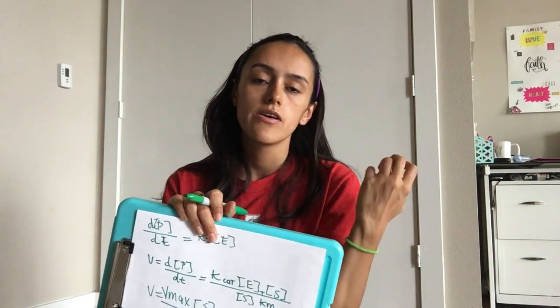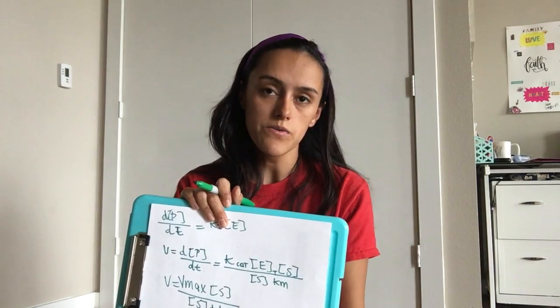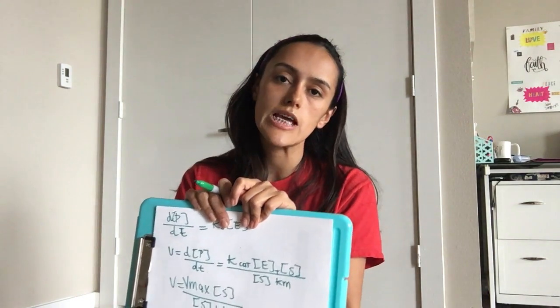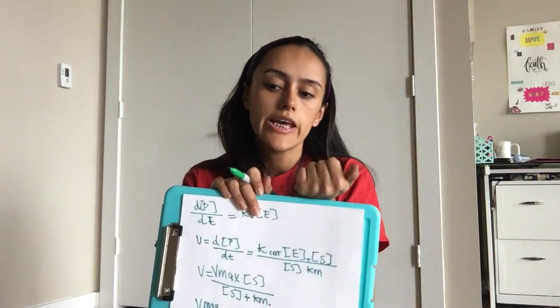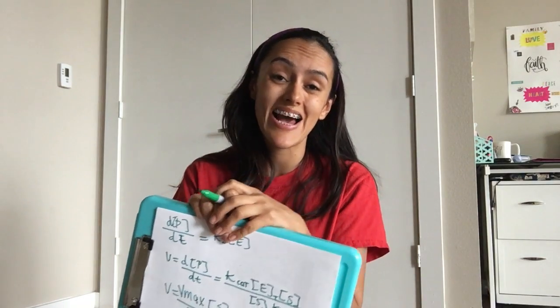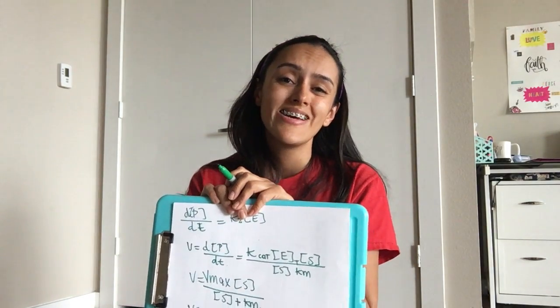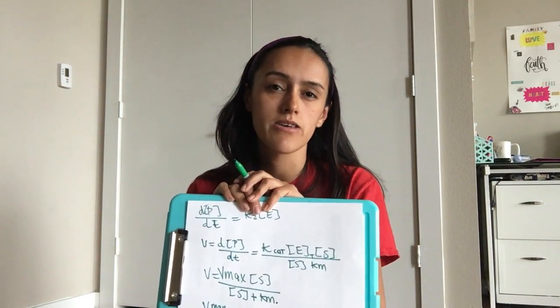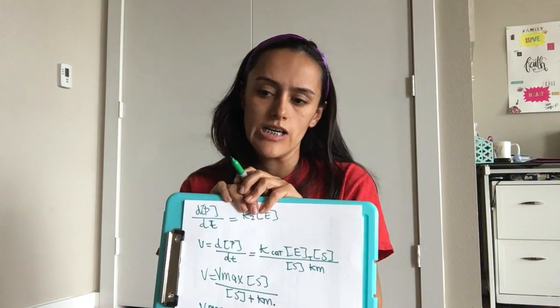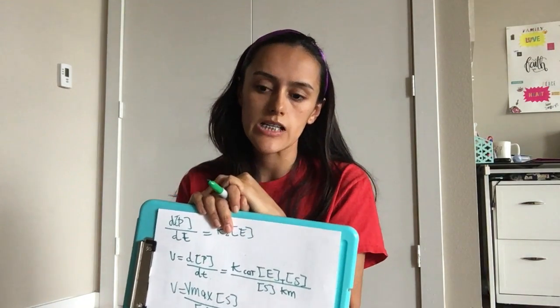So if the Km is low, we know the affinity of the enzyme is high. If the Km is high, we know that the affinity of the enzyme for its substrate is low.